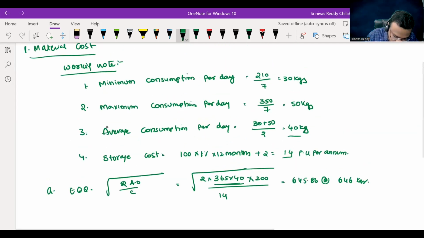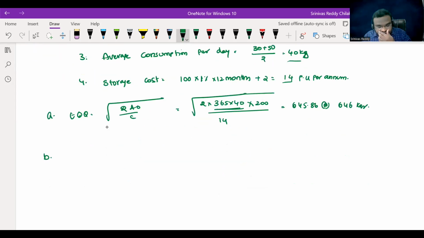Now, second point, it is about the inventory levels. First one, reorder level. Reorder level is maximum consumption into maximum lead time.